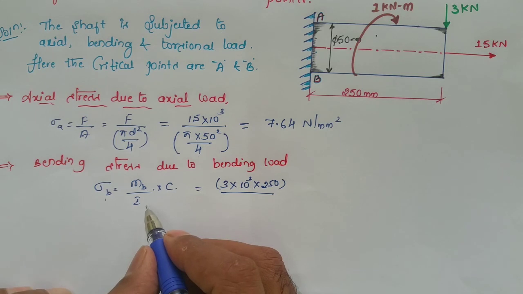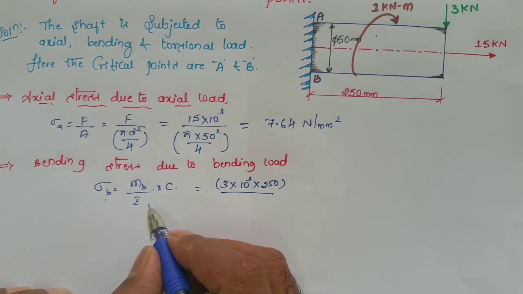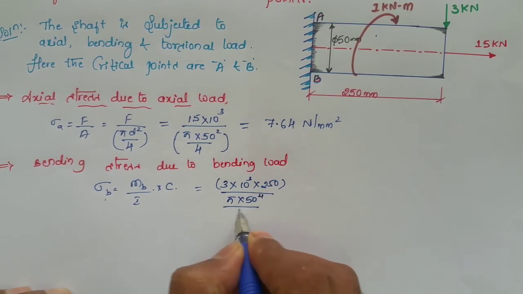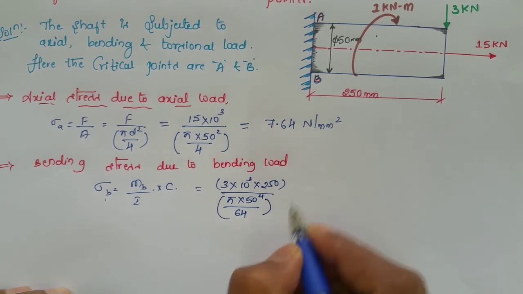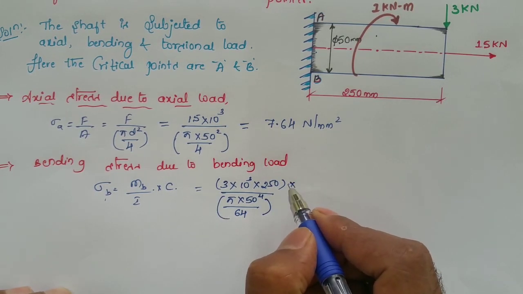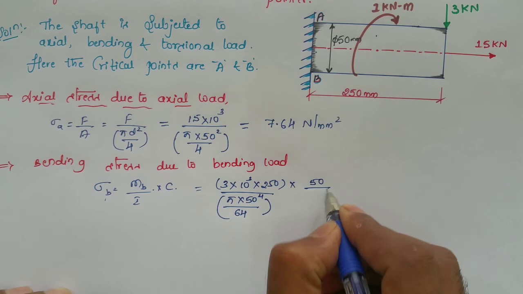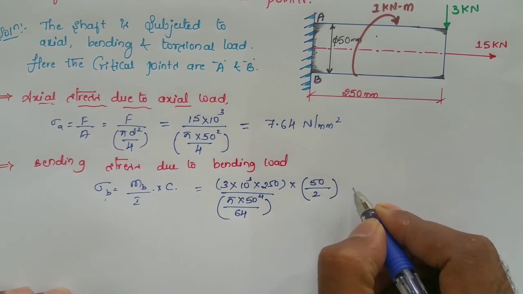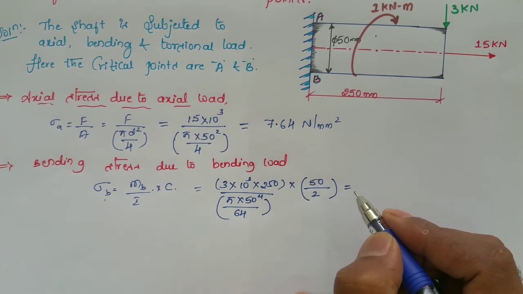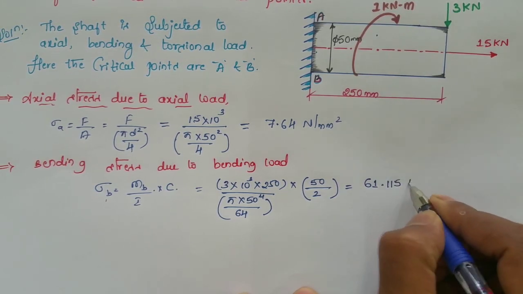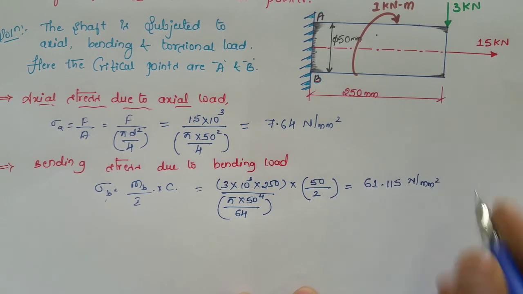I is the moment of inertia, which is pi d power 4 by 64, so pi into 50 to the power 4 by 64. C is half of the diameter, the distance from the neutral axis to the extreme fiber, which is 50 by 2. Now the bending stress I am getting is 61.115 Newton per mm square.